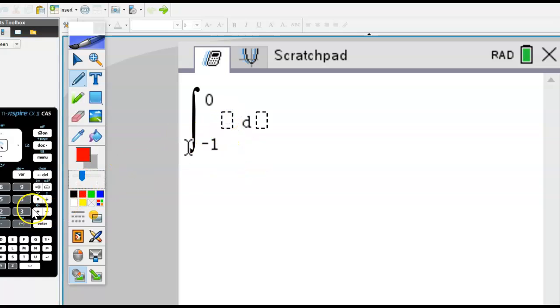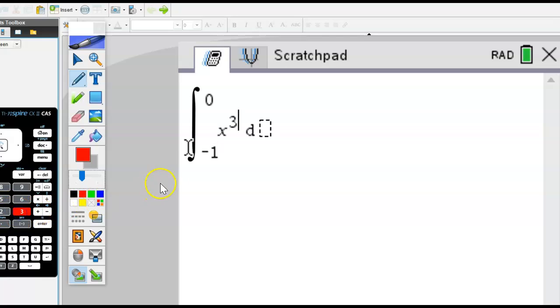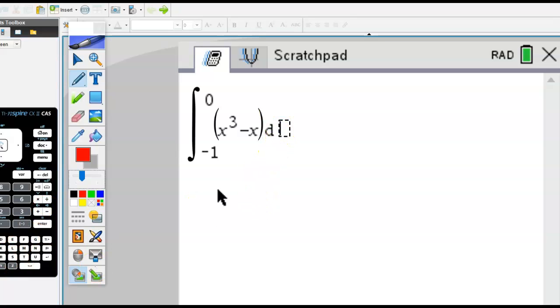And it was the cubic, so it would be x cubed. Remember, to get a cubic, we use our little hat key here. X cubed minus the linear function, which was x dx.